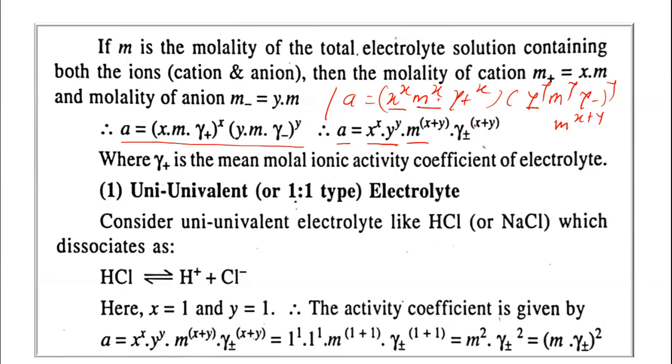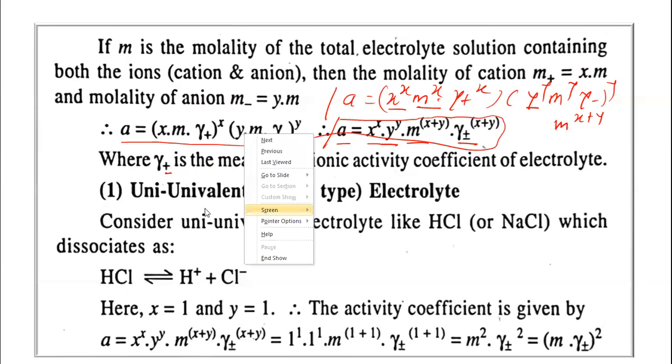Here gamma plus minus is the mean molar ionic activity coefficient of the electrolyte. So this is the general expression for the activity of the electrolyte.